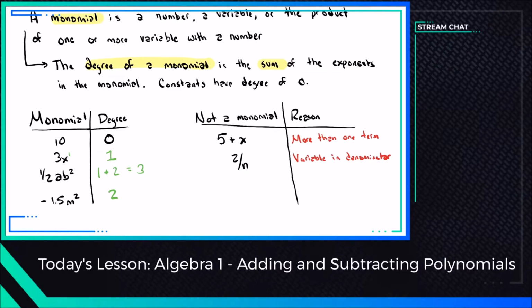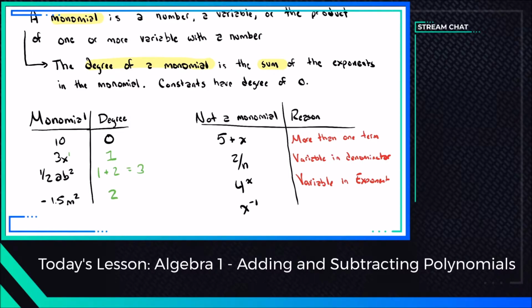What about something like 4 to the xth power? That's not allowed either because we don't want a variable in the exponent. We can't have a degree of this monomial. And then finally, what if we have something like x to the negative first?